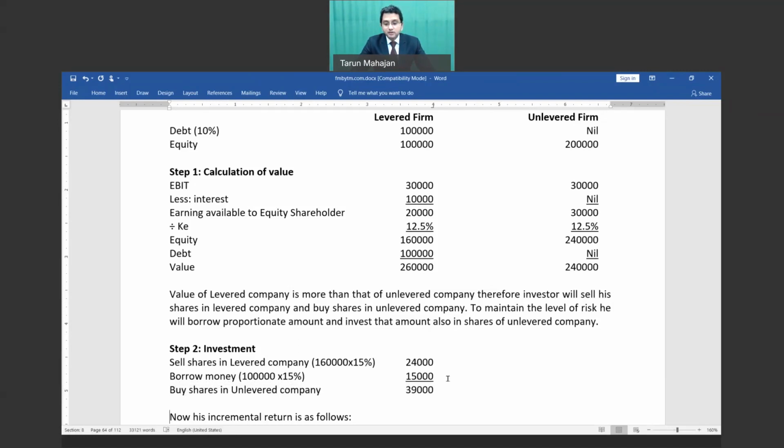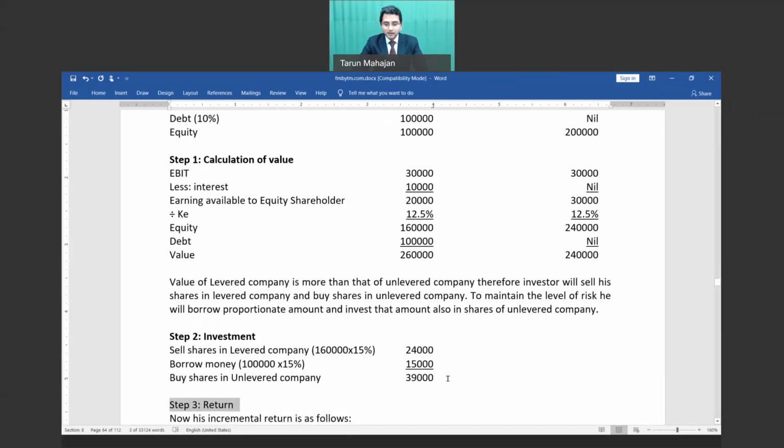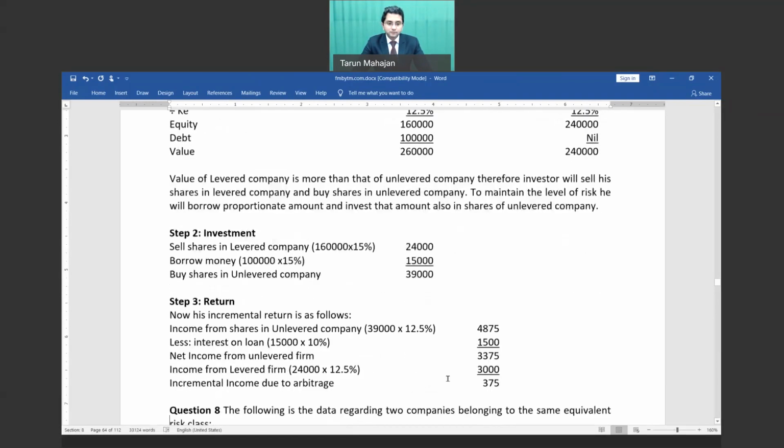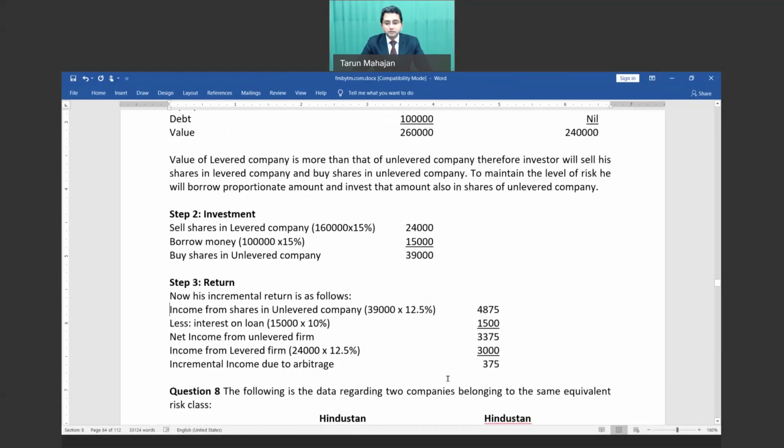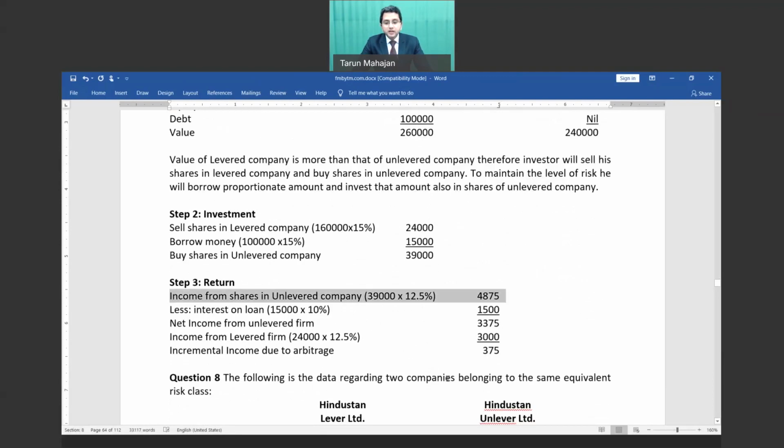Now, step number 3. Here I would like to calculate return, income, I mean to say. Look, income from shares in the unlevered company.